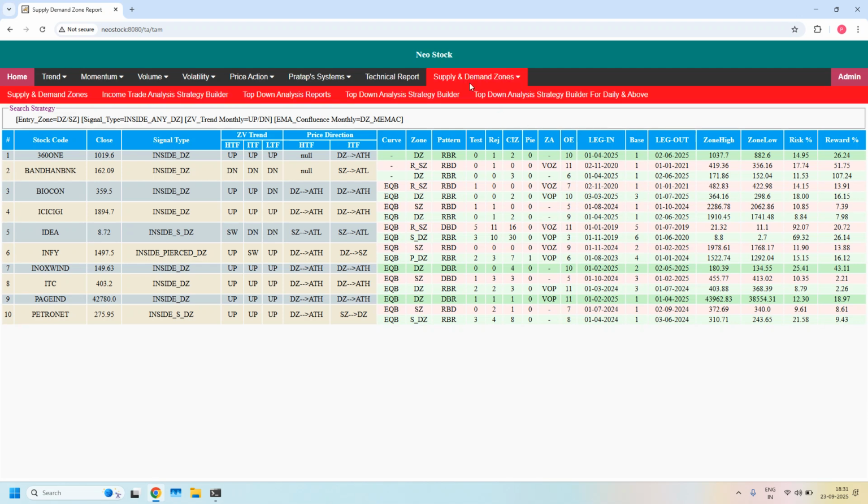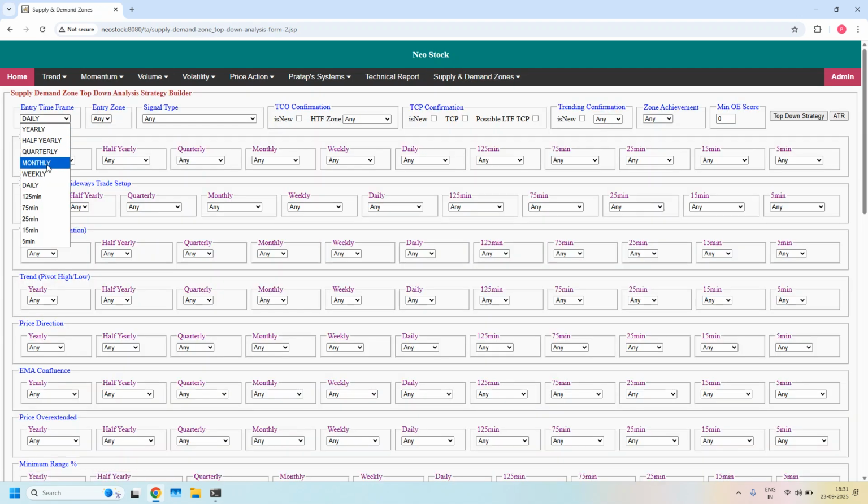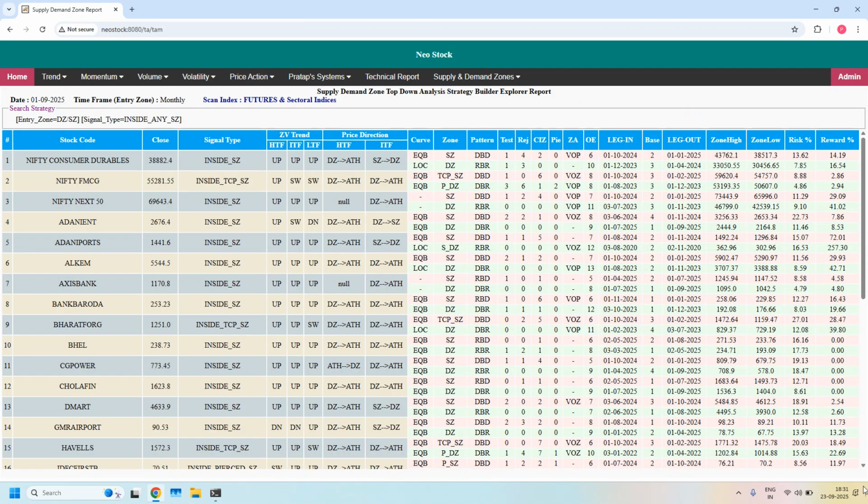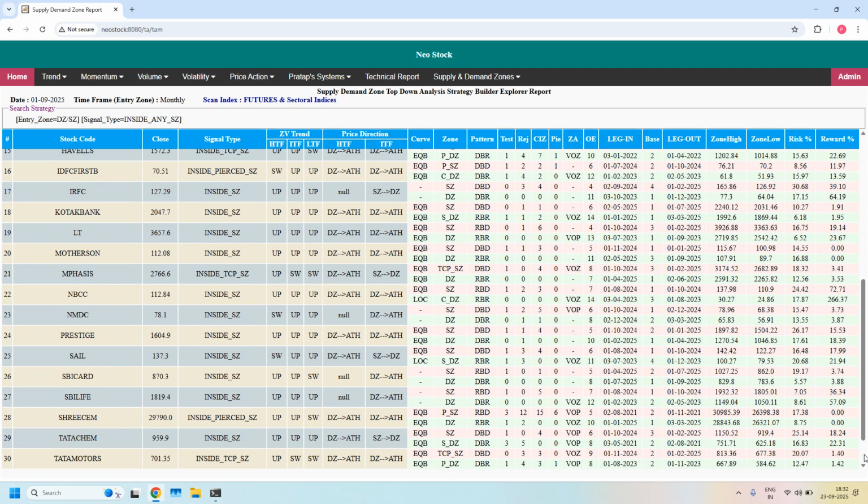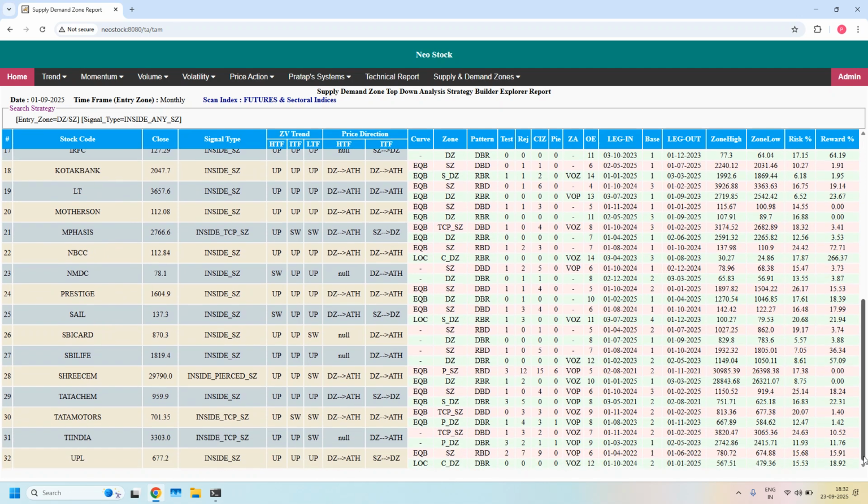Okay, next, price closed inside the monthly supply zone. First 15 stocks in the list. Scrolling the list down. Total 32 stocks are filtered.